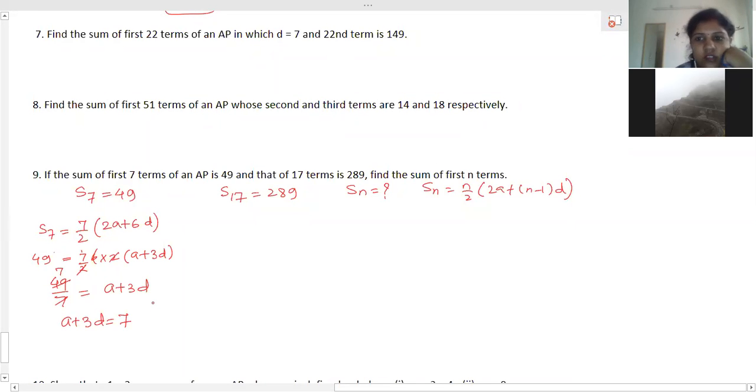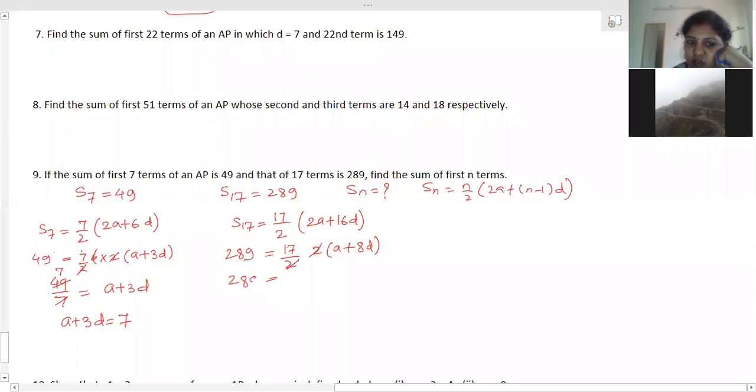So we get a plus 3d is equal to 7. Right? Now S17 is equal to 17 by 2 into bracket 2a plus 16d, since 17 minus 1 is 16. Take 2 common. This is 289. 17 by 2 into 2 into bracket a plus 8d. So this 2 and 2 get cancelled. This 17 is transferred to the other side. 289 by 17 is equal to a plus 8d. 17 17s are 289.